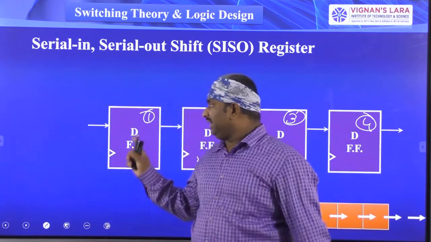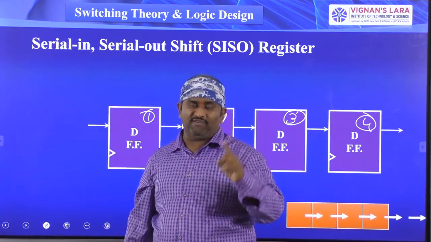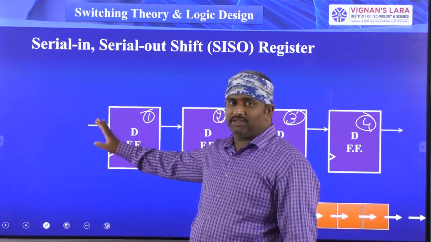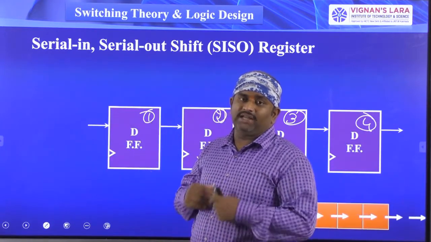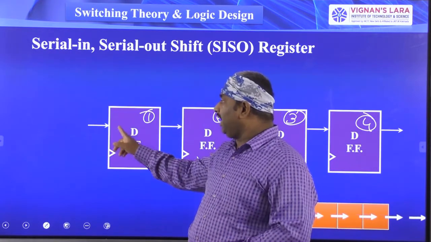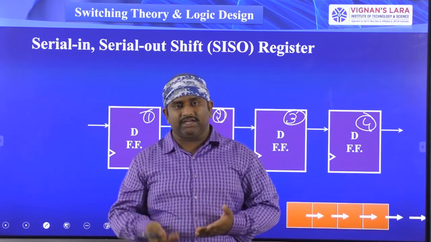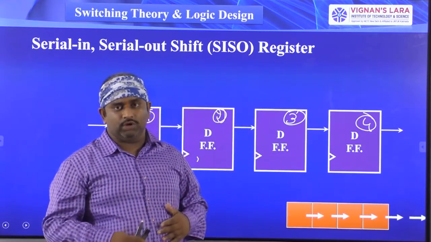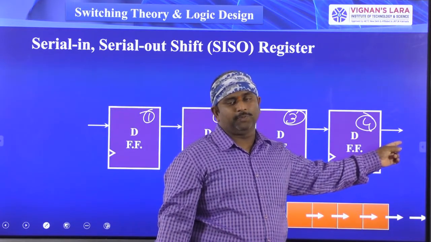The data we give goes to only one flip-flop input. Whatever information you want to store, you have to give the data at the first flip-flop input only. Whatever data you have stored, you have to collect at the last flip-flop output only.